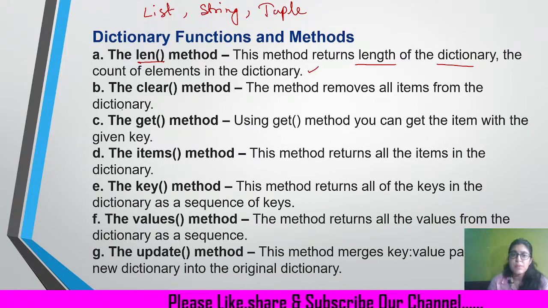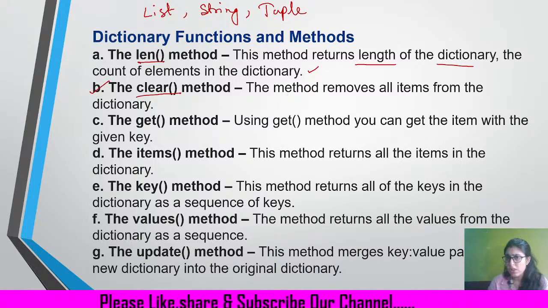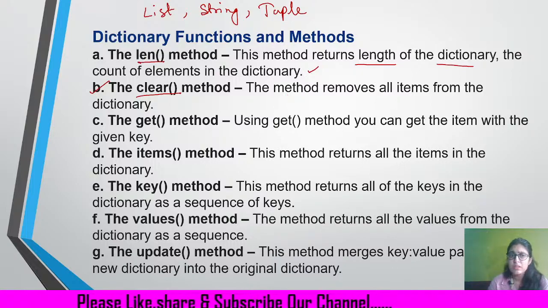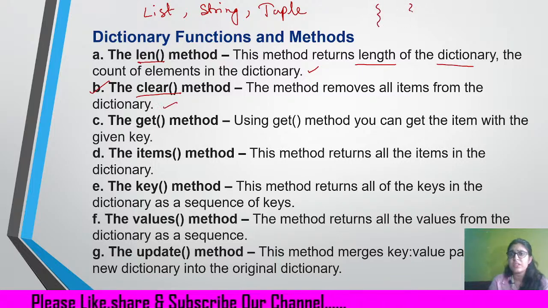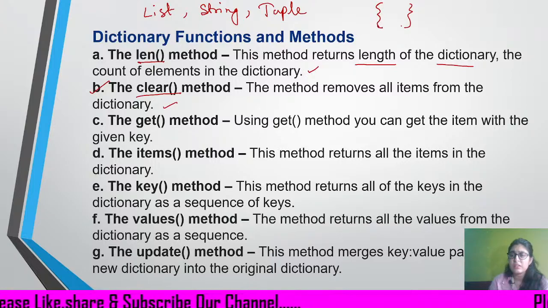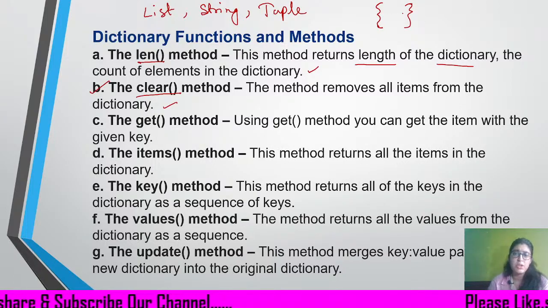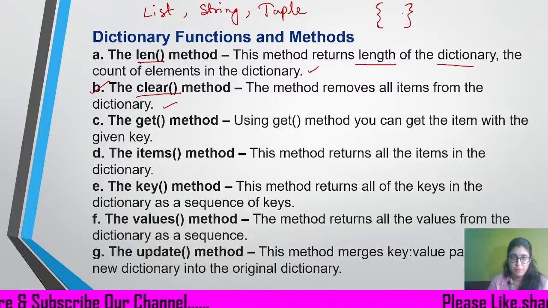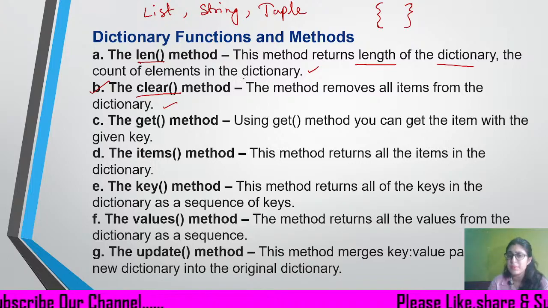Now the next method we have is clear. This clear method removes all items from the dictionary, right? So the clear method will clear the dictionary and return an empty dictionary, which will look like this: curly braces with nothing inside, empty. It will remove all the elements from the dictionary, but it will not delete the dictionary from the memory.